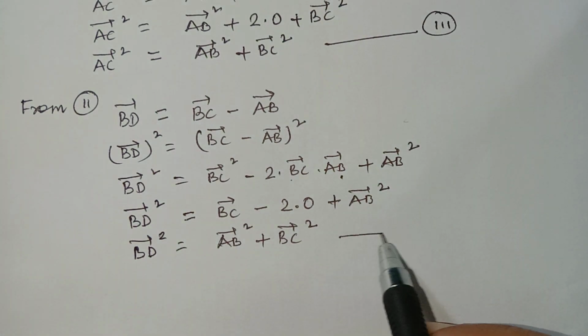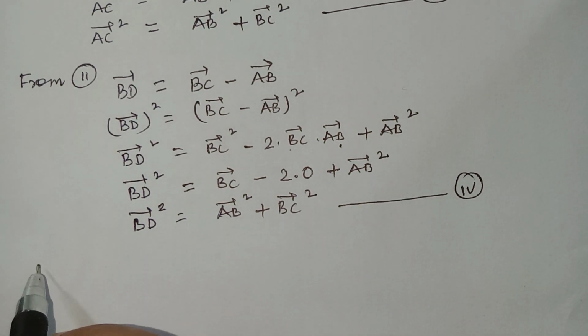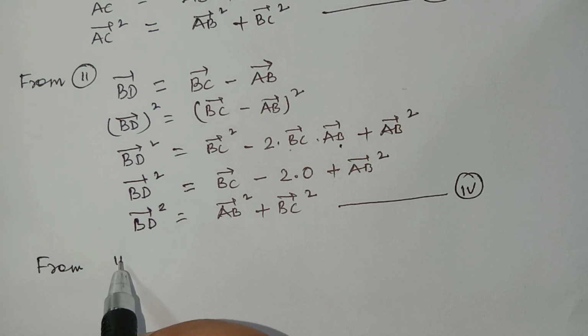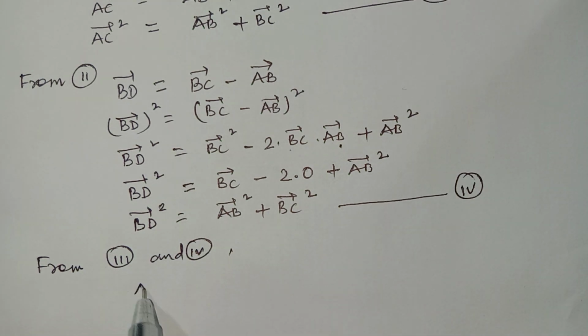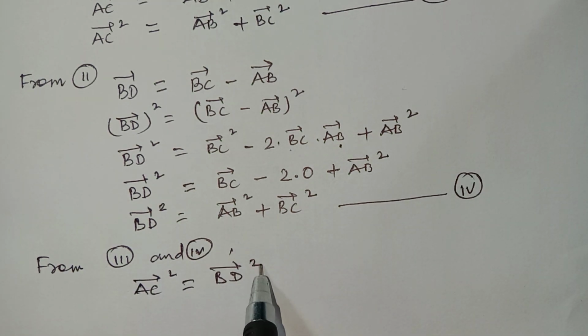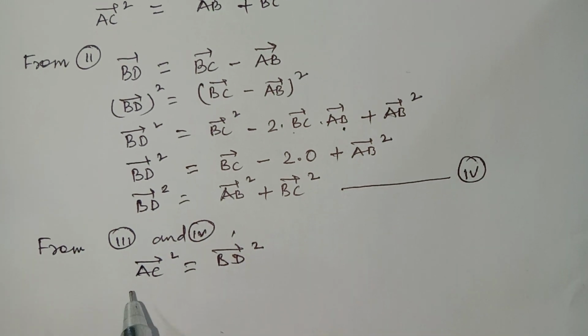Now we can see that equation number 3 and equation number 4 are equal. It means AC square is equal to BD square. So we say from 3 and 4, AC square is equal to BD square. It means the mode of AC and BD, the magnitude of AC and BD, is equal.